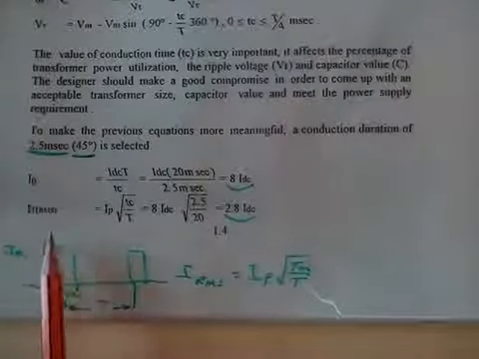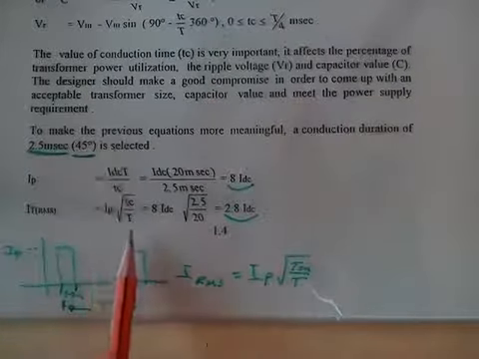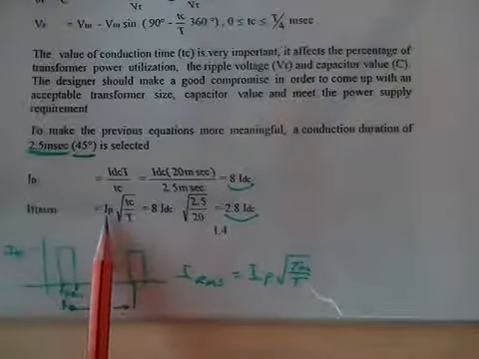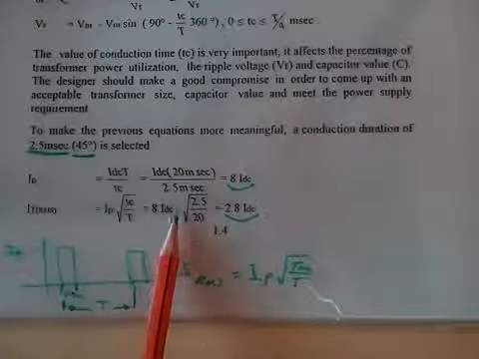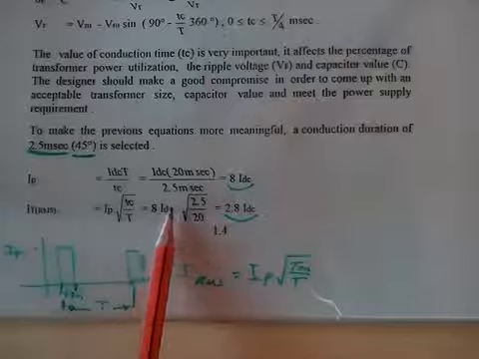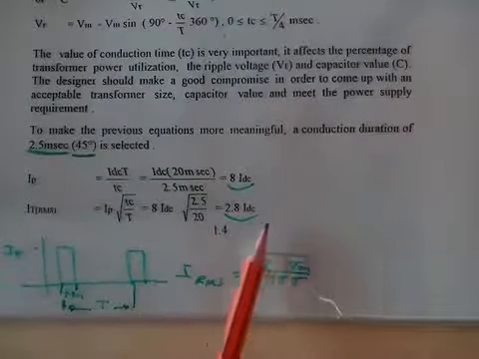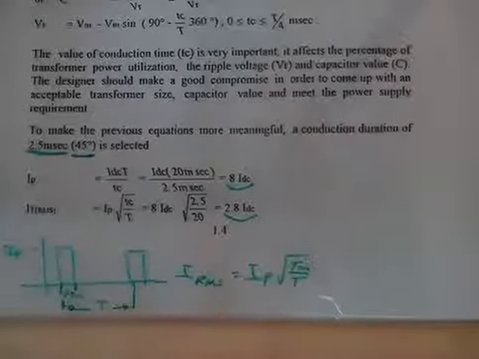ITRMS, in this case, as we said before, that's the equation we stated before, it will equal the conduction time over the full T, under the root square, multiplied by IP. Since we are allowed to have 8 times that IDC in magnitude, the RMS for it would be equal to 2.8 of the IDC.